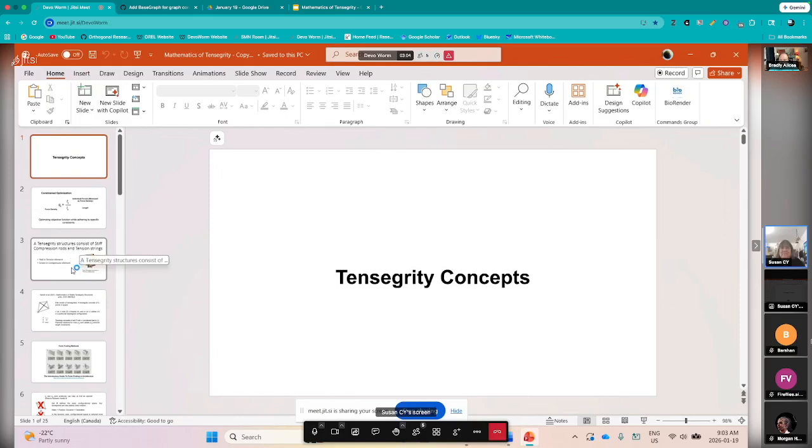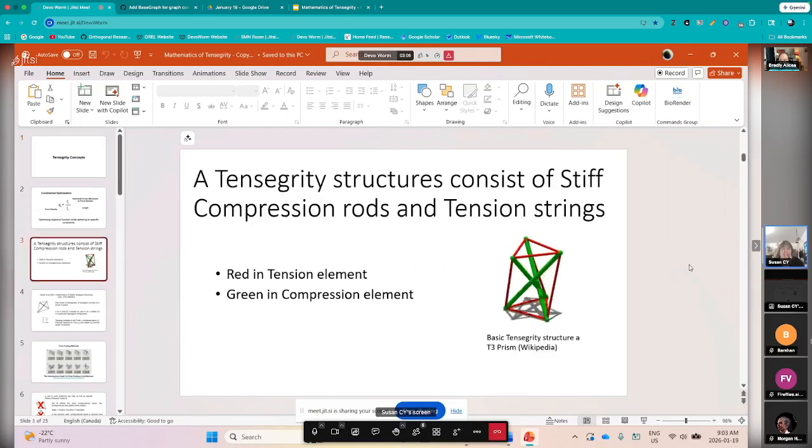Okay, well, I added a few things. This is something I liked from Wikipedia, and it shows the simplest 3D form of tensegrity, and this is very stable. I actually was able to put it in a finite element analysis program, and it works.